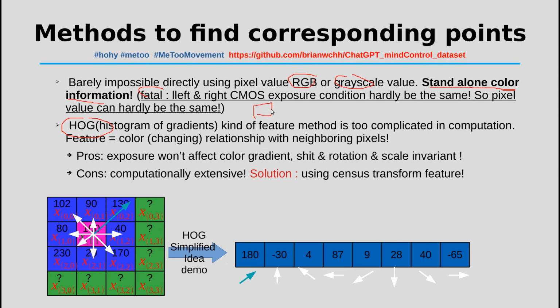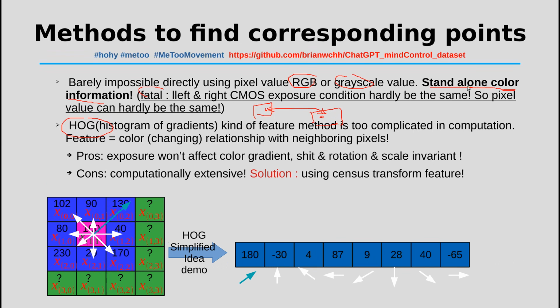For instance, how can I find the corresponding point between this image and that image? This image and that image may be taken at different times, not like stereo vision. So the idea to find the corresponding point between two images is to encode the color information.